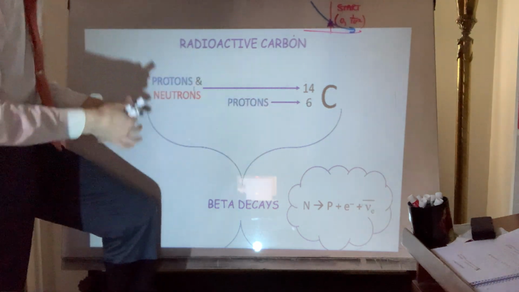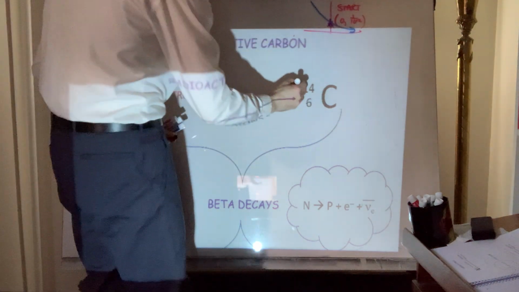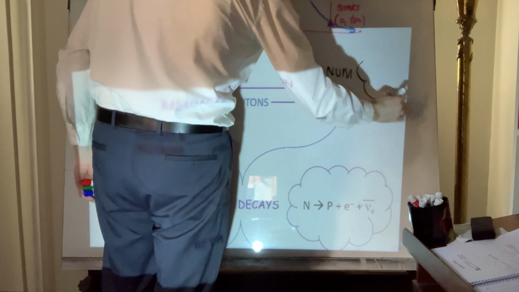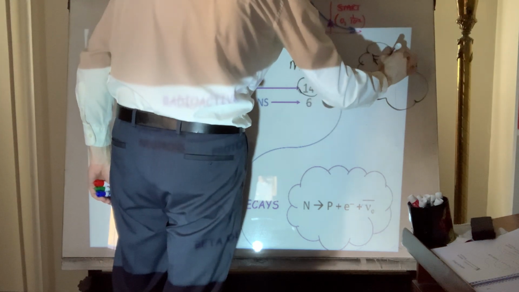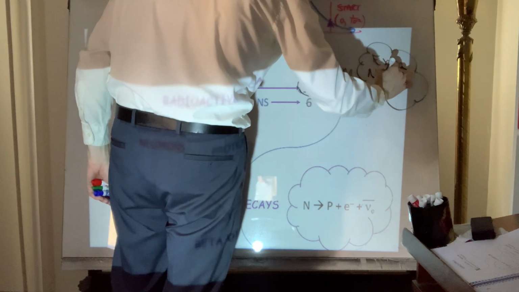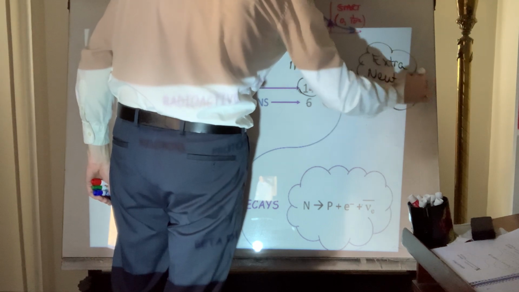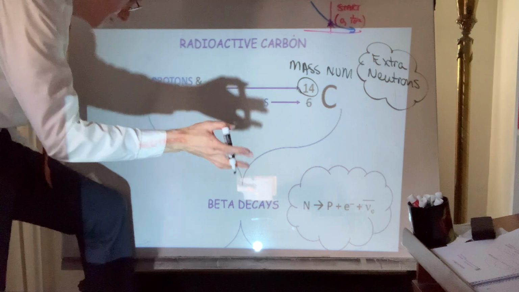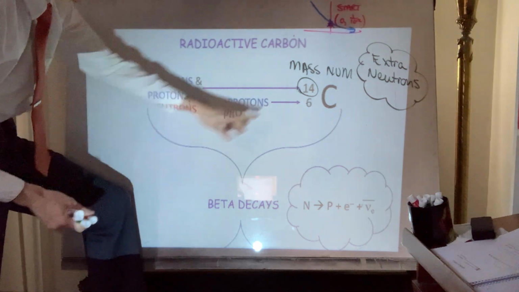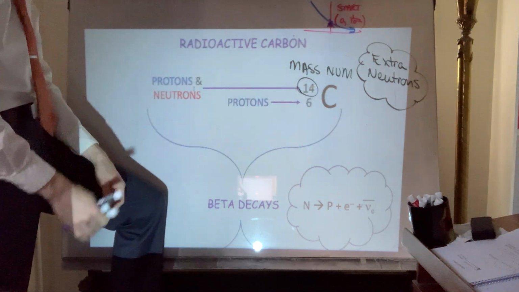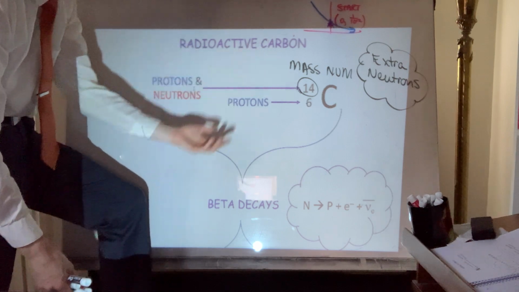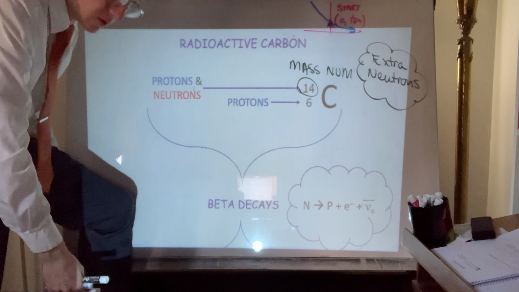Because in that case, there's more neutrons than normal, extra neutrons, if you will. Under stable conditions, it's exactly 6 and 6 for carbon-12. But for carbon-14, the mass number is 14, which means that there are 8 as opposed to 6 neutrons.